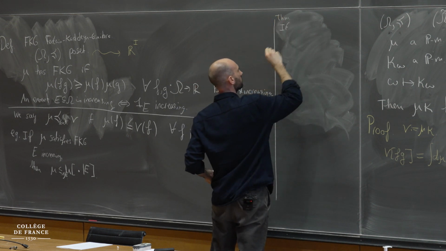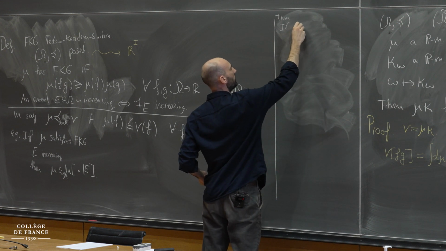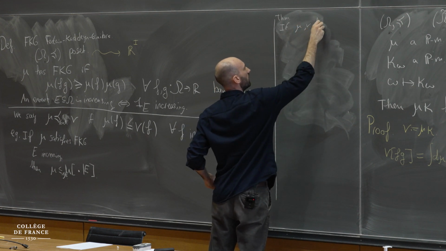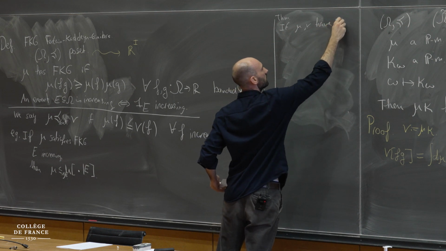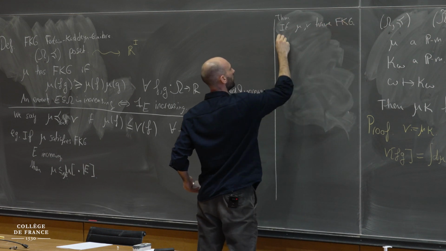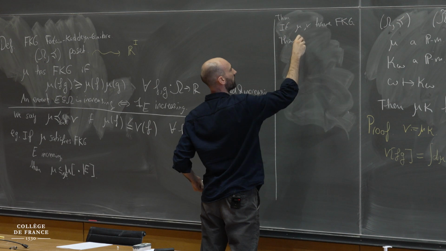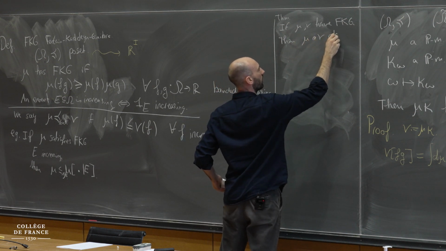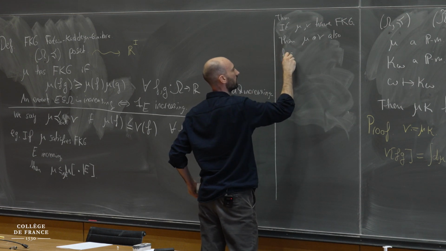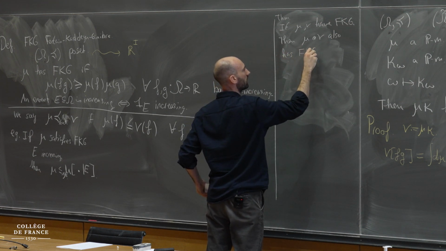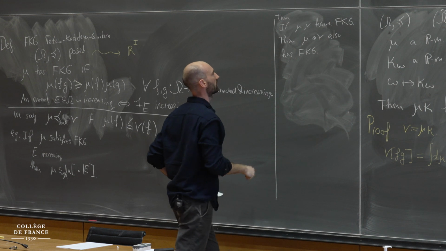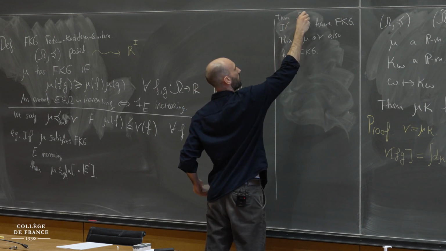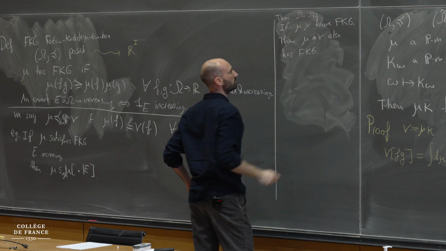So now we prove another lemma. If mu and nu have FKG, then, so they can be defined on different spaces, the product of the two measures also has FKG. So maybe they are defined on omega 1 and omega 2.